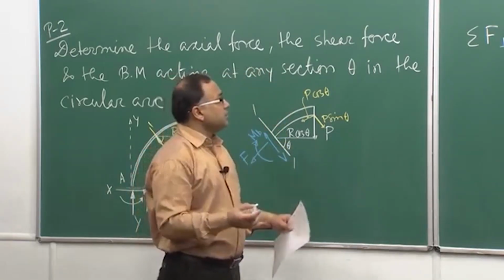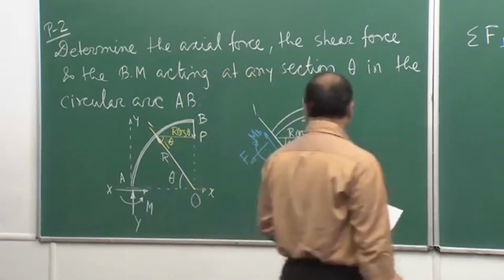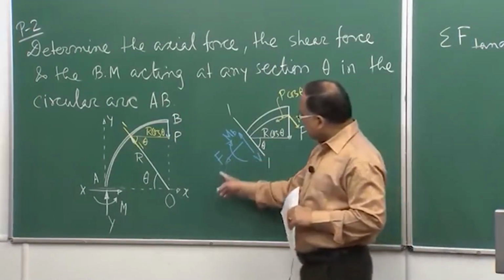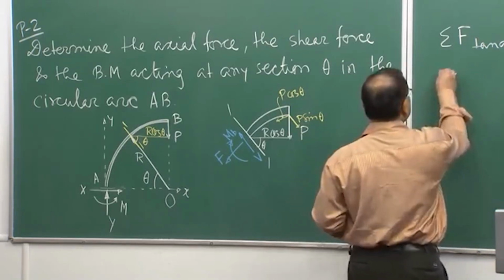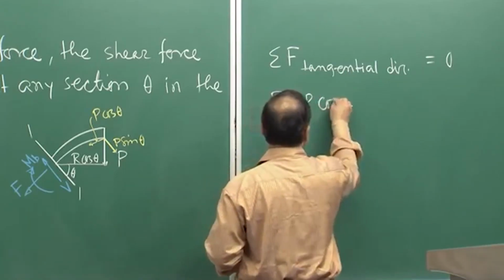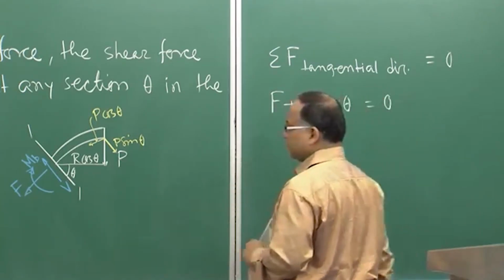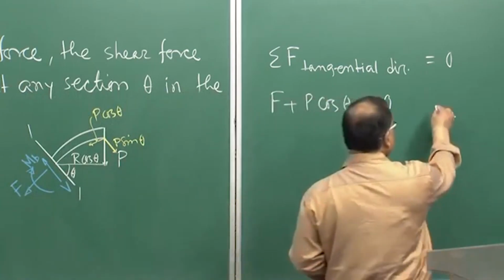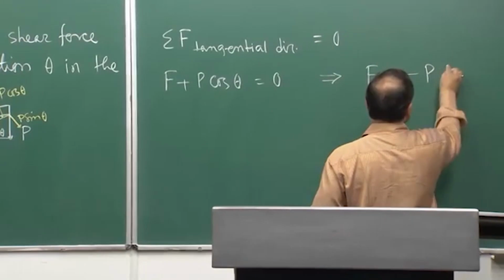So, I am considering the summation of all forces in the tangential direction is 0. What are the forces acting in the tangential direction? If you look at this figure, this F, the axial force, as well as this P cos theta. So, F plus P cos theta is equal to 0. From this I can get the axial force F equal to minus P cos theta.